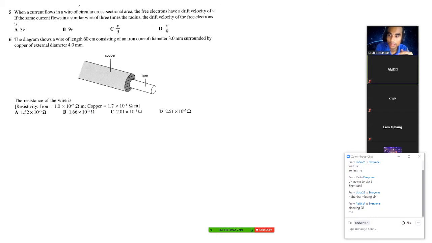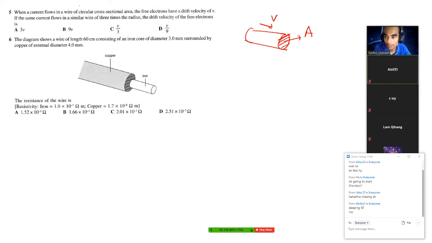A current flows in a wire of circular cross-section area A, and free electrons have a drift velocity of v. If the same current flows in a similar wire of 3 times the radius, the drift velocity of electrons is? So we have a current that flows in a circular cross-section A, and the free electrons have a drift velocity of v.